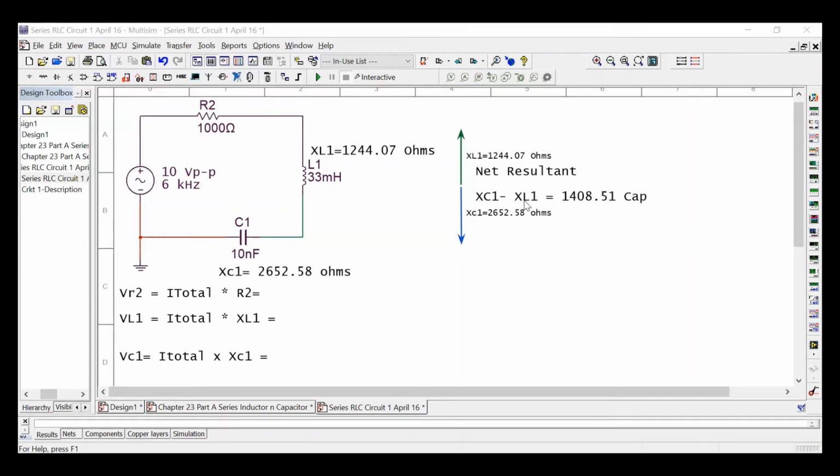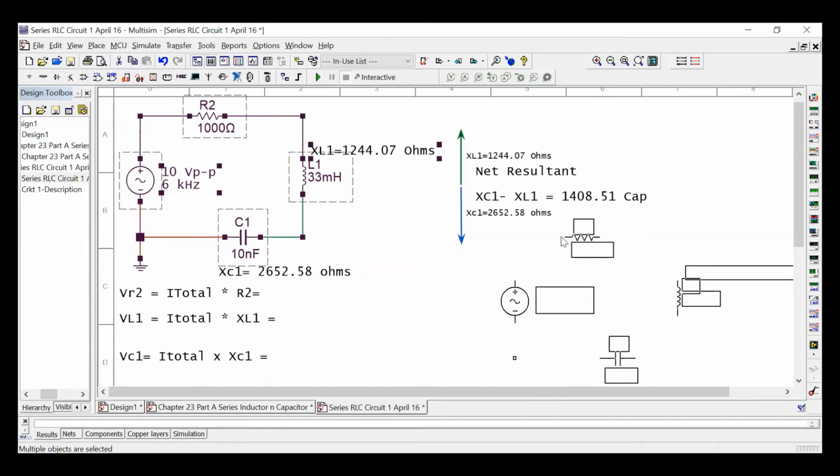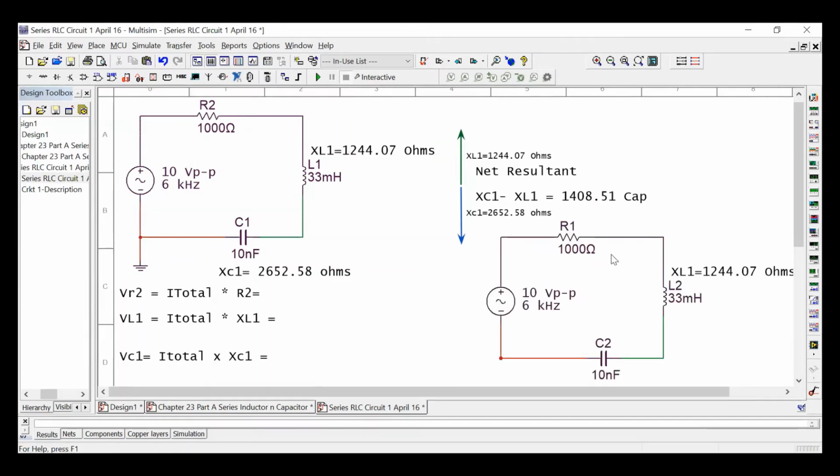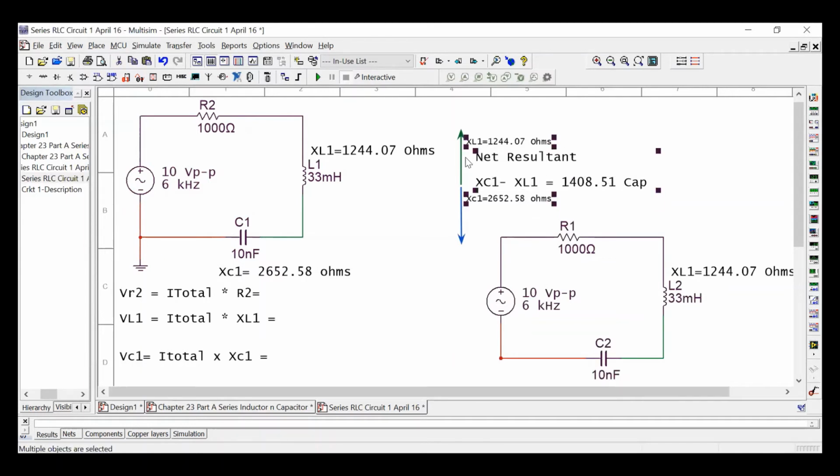Okay, so what we're going to do is I'm going to redraw the circuit because now it looks like, and I'm going to redraw it. I'm going to do Control C, Control V. All right, so I'm going to move all this stuff up just a little bit.